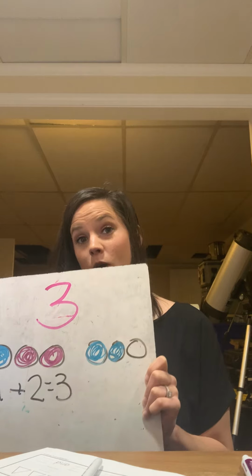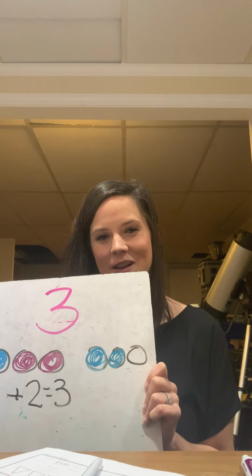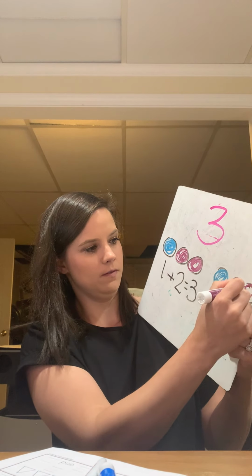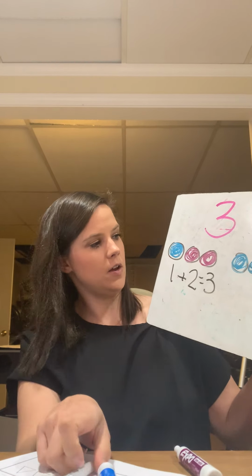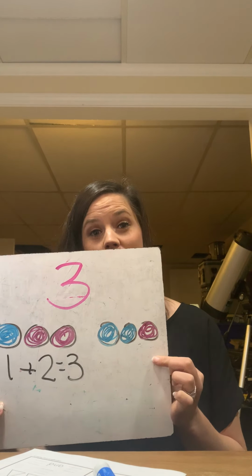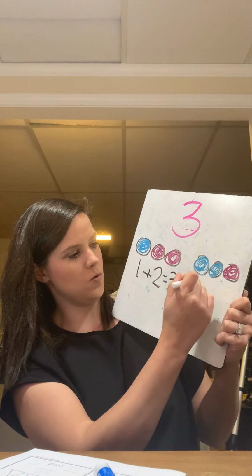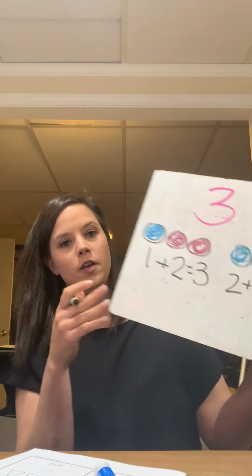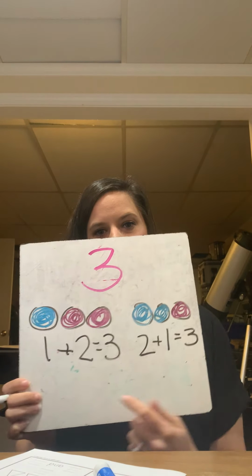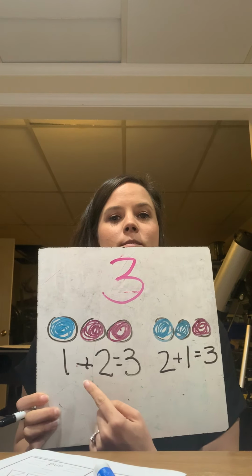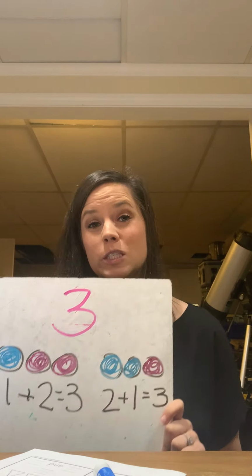And how many am I going to shade purple? 1. So this represents 2 plus 1. And that equals 3. So these are reversed. They're still the same sentence that equals 3.